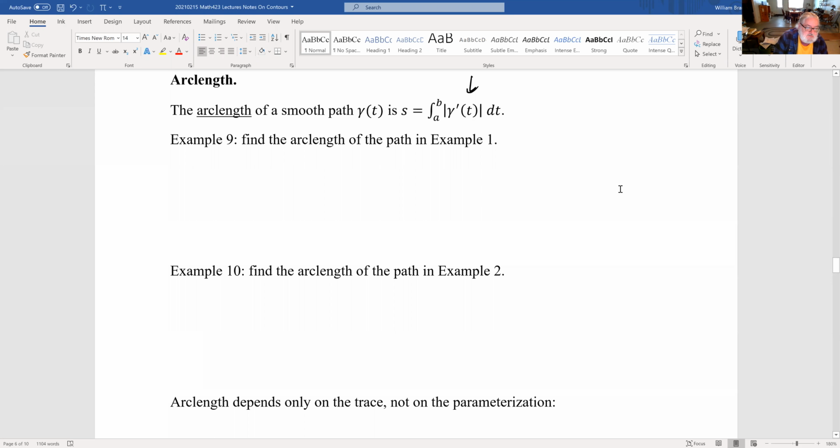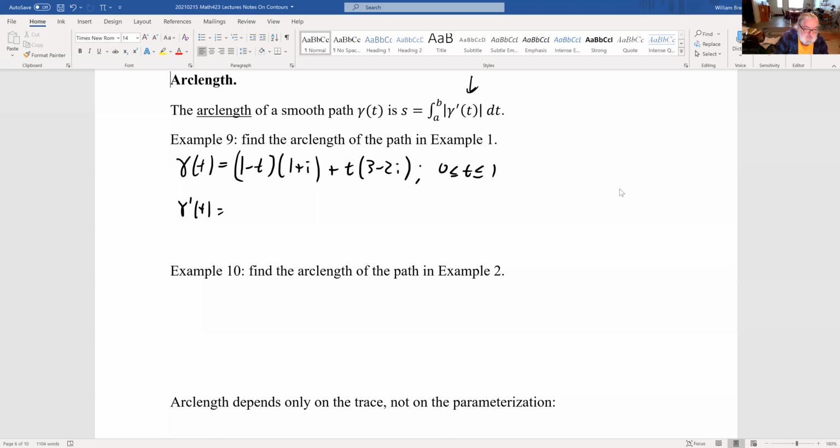Remember that the path in example 1 is gamma of t equals (1 minus t) times (1 plus i), that was the starting point, plus t times (3 minus 2i), because that was my endpoint, with t going between 0 and 1. Gamma prime of t, if you differentiate, turns out to be 2 minus 3i. And it's a constant, which is a nice thing about lines.